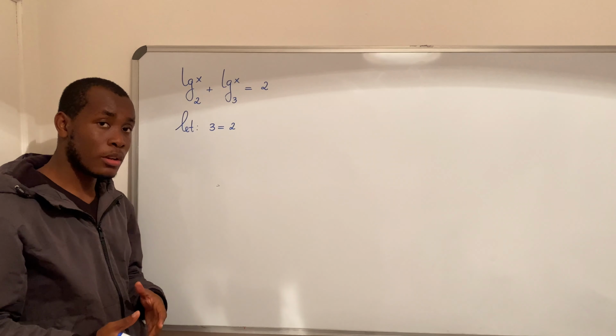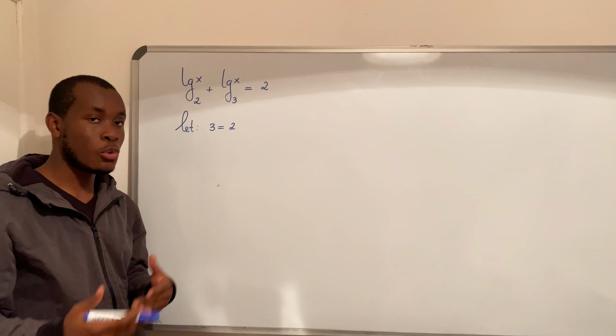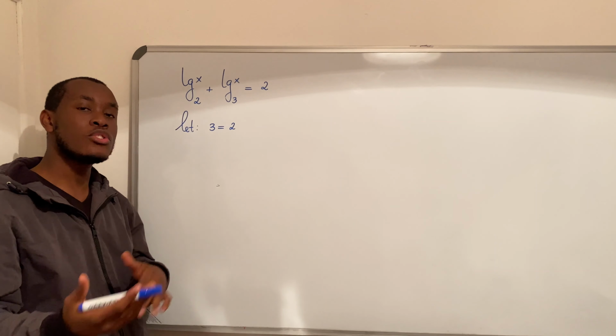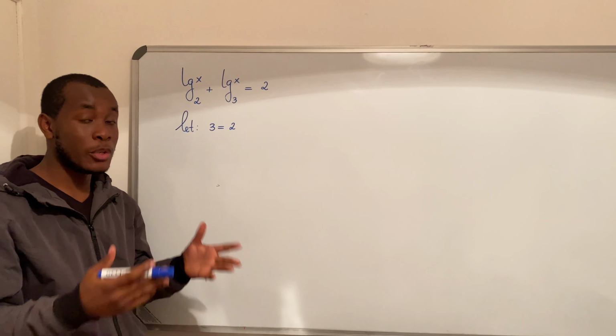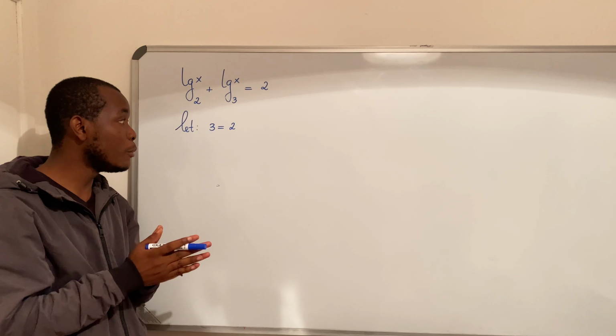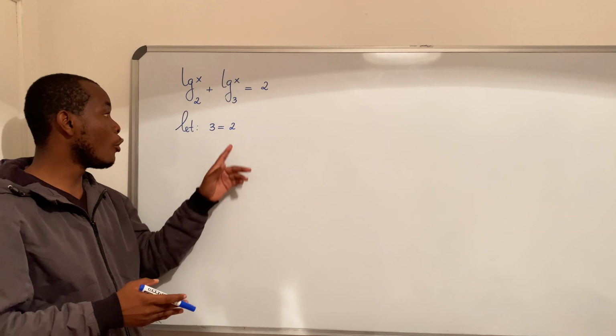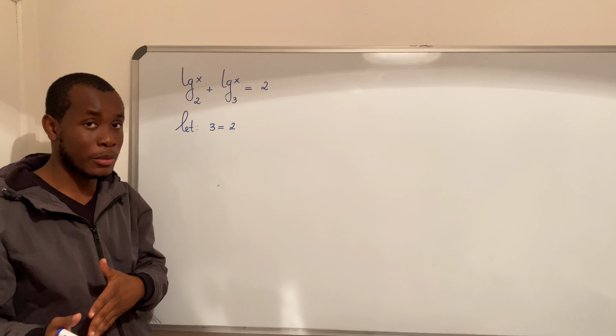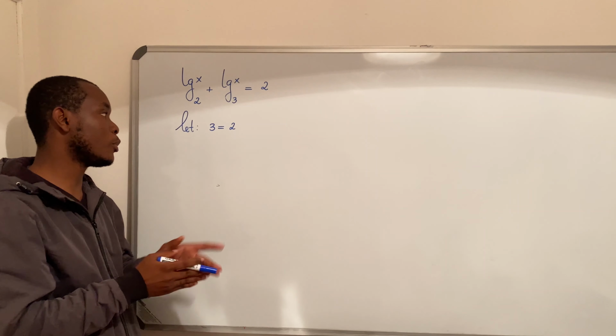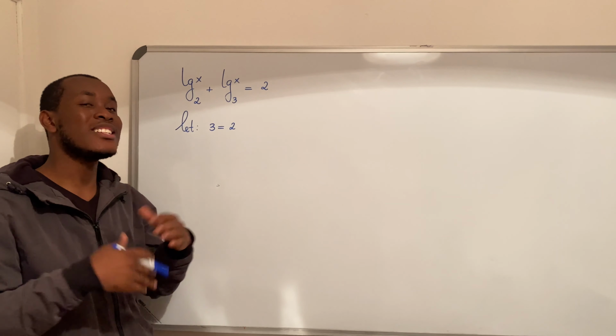Mathematically that is wrong because 3 is not 2. So we have to either multiply this 2 by a variable, divide by a variable, or put an exponent, but it has to be a variable, to make our statement correct.